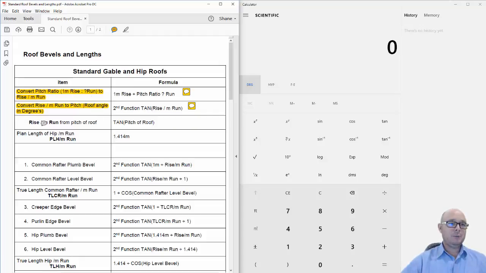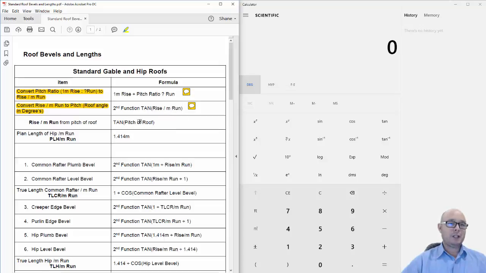You can determine the rise per metre run from the pitch of roof, and the formula is this, tan and pitch of roof. You might be able to put that straight into your calculator as in tan and bracket 30, close bracket, and answer, and it'll give you the rise per metre run, which should still give you the same answer that we've got up here, which is 0.577.